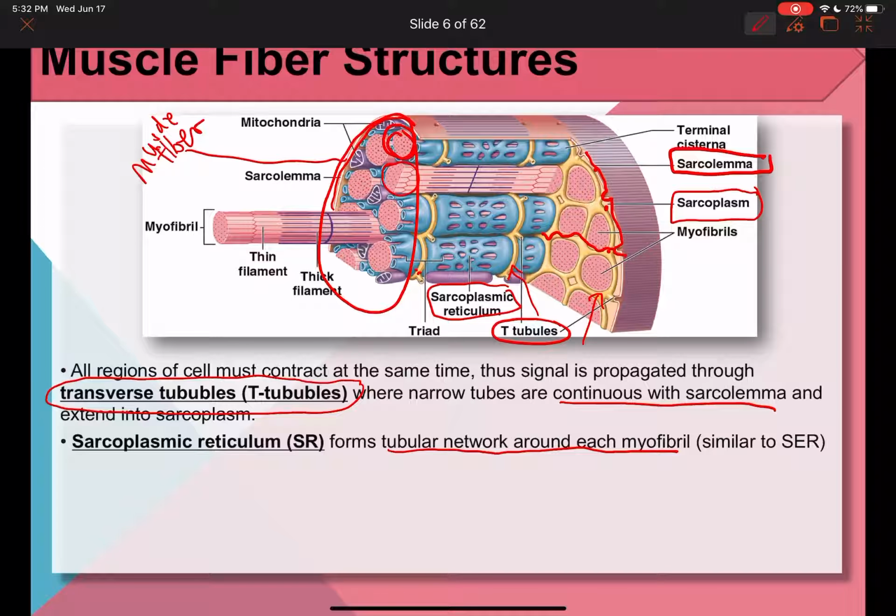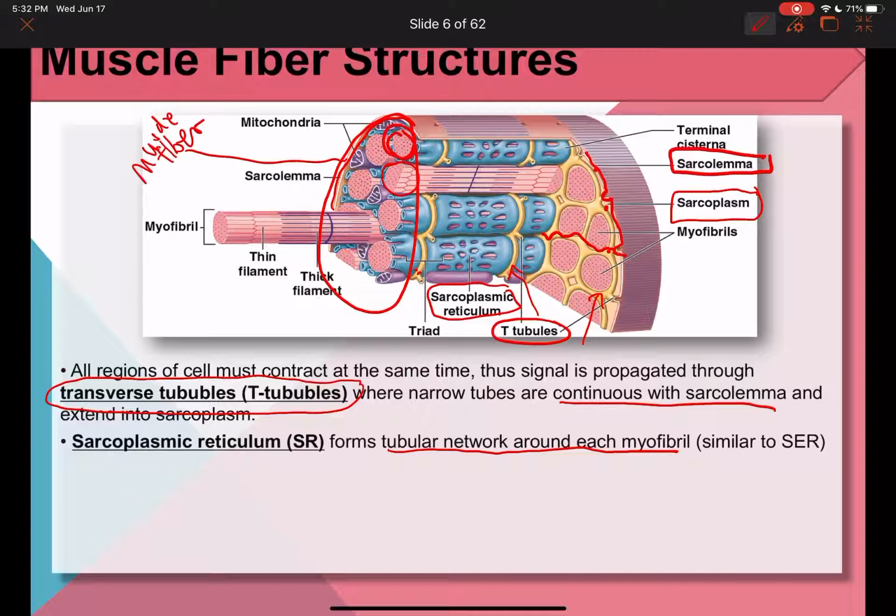The sarcoplasmic reticulum stores an important ion called the calcium ion, and calcium ion is very critical for triggering muscle contraction. So that's why you need the sarcoplasmic reticulum to wrap around each muscle fiber to release those ions to trigger the muscle fiber to contract. But it will receive the electronic signal from the T-tubule that will trigger the release of calcium ions.